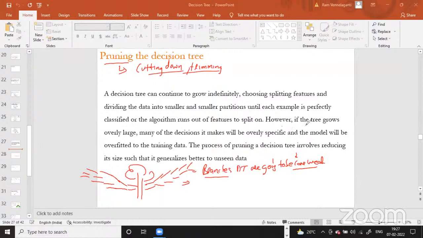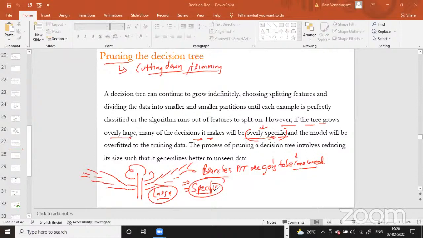So if my tree grows overly large, very, very large, then what is going to happen? The decisions my tree is going to take are going to become overly specific, very customized.